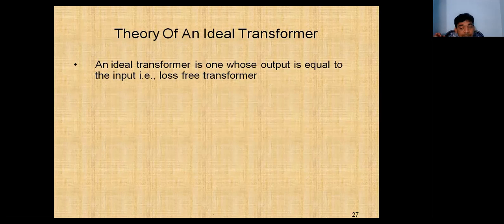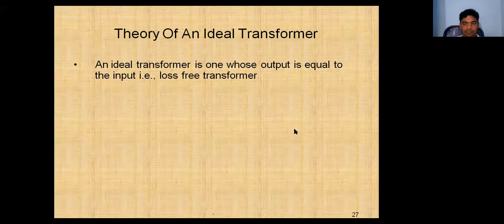Coming to the theory of ideal transformer.